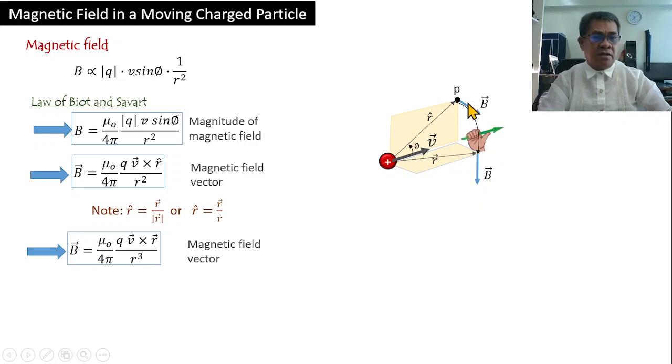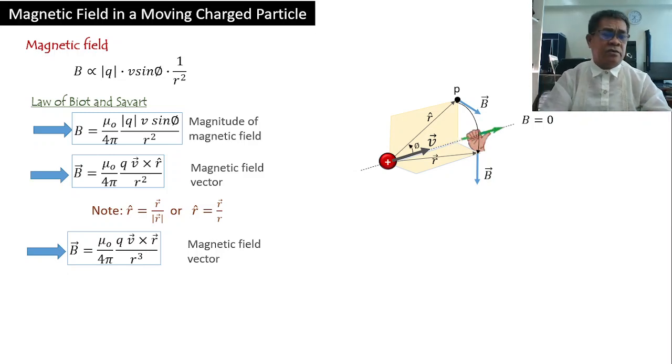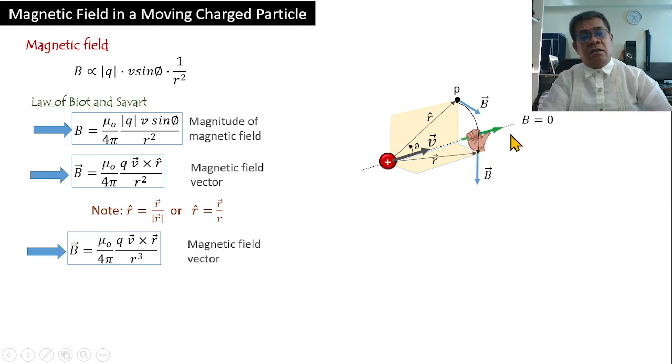So it will rotate around that axis and have the same value of the magnetic field. Because the magnetic field is inversely proportional to the radius, which is perpendicular to the point of interest, the magnetic field exactly in the direction of the velocity is 0.